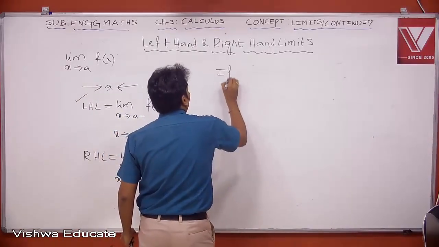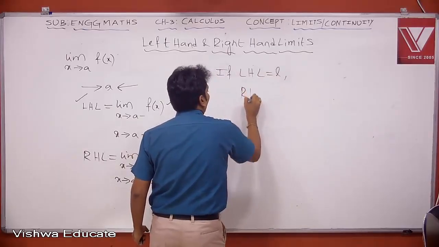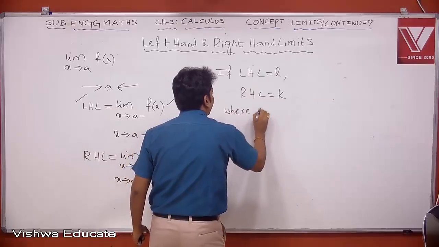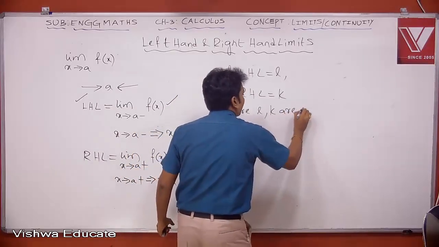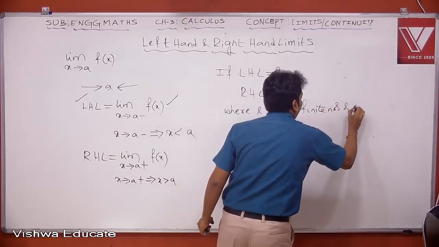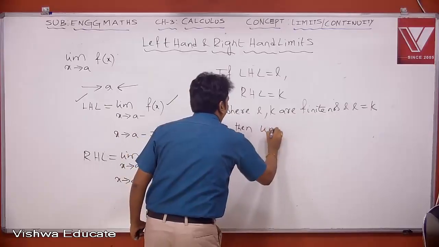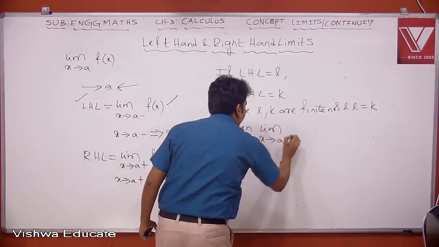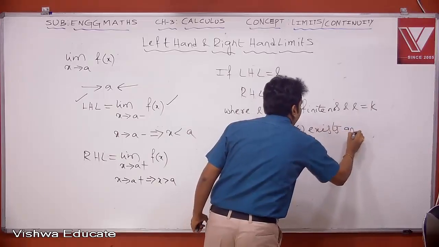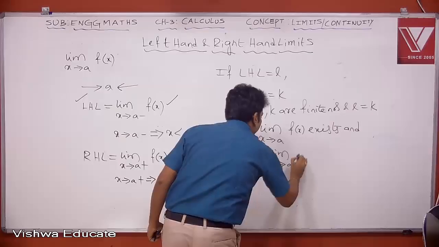Suppose LHL is equal to L, RHL is equal to K, where L comma K are finite numbers, and L is equal to K. Then the limit as x tends to a of f of x exists, and this limit must be equal to this common value.